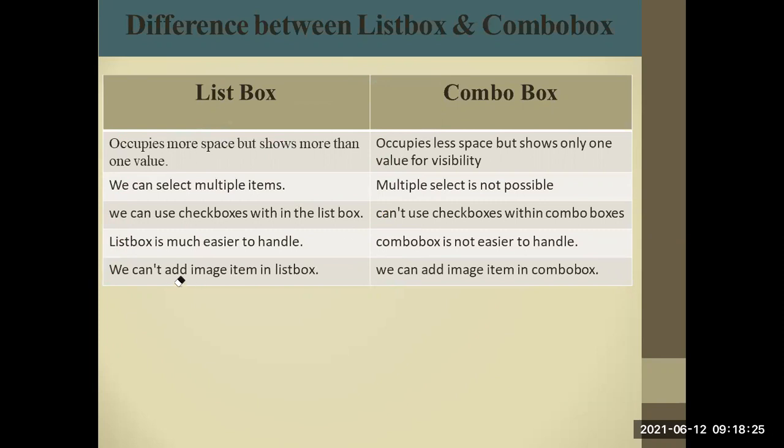Some of the basic differences to remember: an image item cannot be added to a list box, but can be added to a combo box. A checkbox can be added to the list box, but is not available in the combo box. Because of the checkbox, the multiple option is available in the list box but not in the combo box. Fine. And the list box is much easier to handle, whereas the combo box is somewhat difficult to handle.